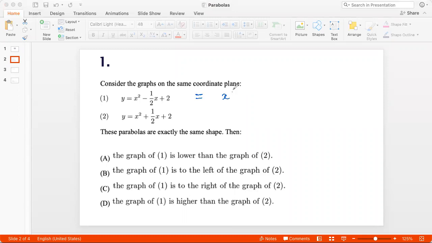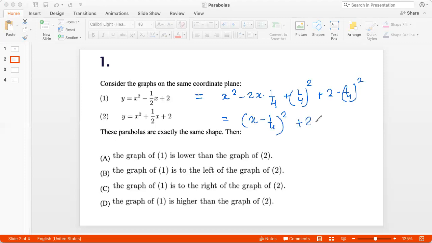I can write this as x² − 2x·(1/4) + (1/4)² + 2 − (1/4)², just completing the squares to get the equation. So this becomes (x − 1/4)² + 2 − 1/16.